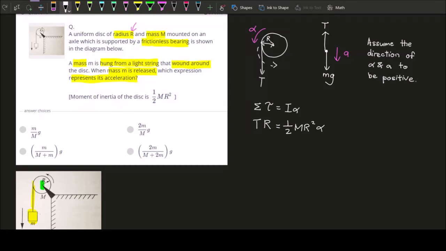Then alpha. Okay, half MR squared comes from here. So that's for the pulley. How about for the mass, small m? You have sum of F equals to ma. You take what's along the direction of acceleration minus what's opposite the direction of acceleration. Then it's equals to ma.